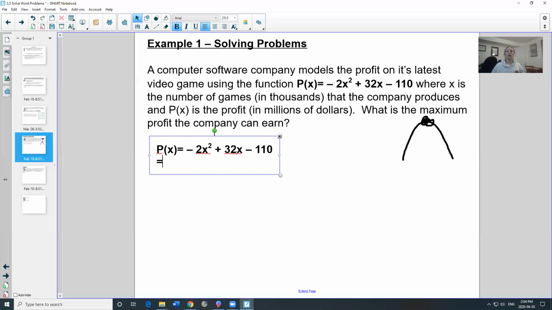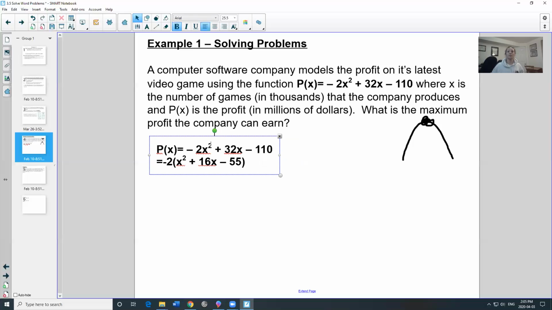So looking at all of these numbers, the first thing you should see is that you can common factor a -2. Every time you're dealing with a factoring question, you should be looking at common factoring. So I'm going to divide every term, all these terms, by -2. So I would be left with x squared, 16x, and 55.